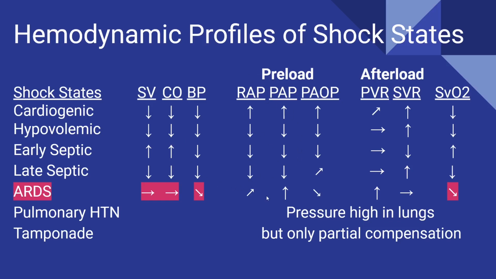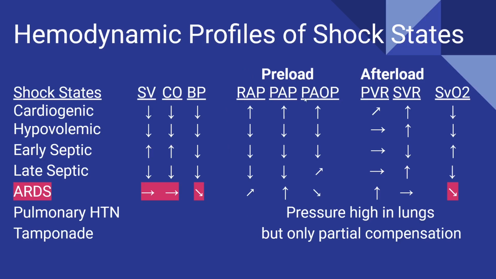So what ends up happening here is you get a high pressure in your lungs because you have an inflammatory process in your lungs. So your pulmonary artery pressure, the pressure within your lung, is going to be elevated, which could potentially back up to the right side of the heart.